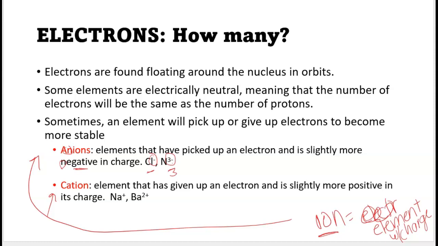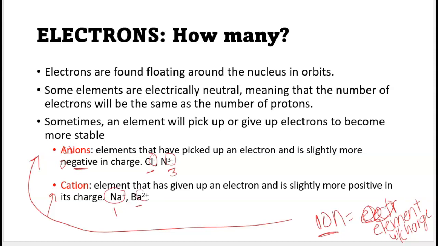Now sometimes an element will give up electrons, and because it's getting rid of negative charges, it's going to become more positive. Two common cations, which are positively charged ions, are sodium, which would have gotten rid of 1 electron, and barium.